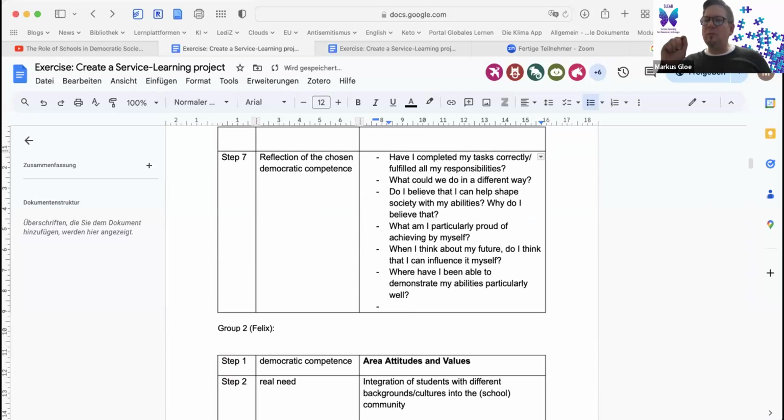And then I asked, what does correctly mean? Who decided if you did this correctly? So we decided to promote self-efficacy. And it's really important to be careful about the wording of your questions, because it's better to ask, for example, what am I particularly proud of achieving by myself. So if you want to address self-efficacy, it's really important to ask the right questions.